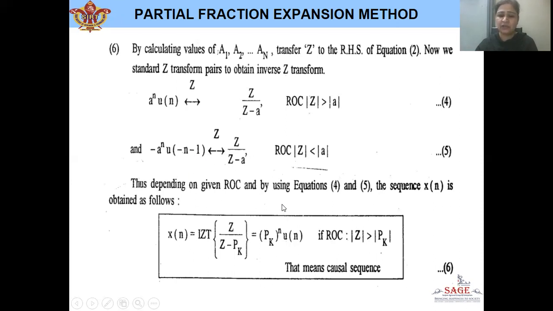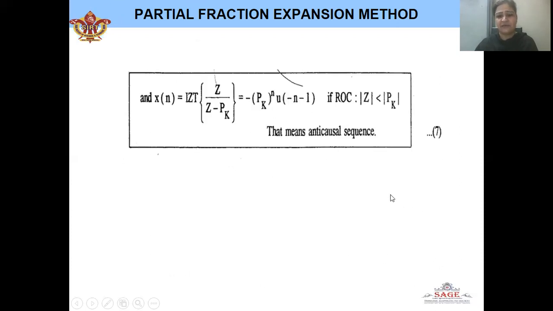So depending on the given ROC, the sequence will be written as pk to the power n u[n], where pk is the pole. If the ROC is |z| greater than |pk|, that means it is a causal sequence. Whereas if it is an anti-causal sequence where the ROC is |z| less than |pk|, then the inverse of z upon z minus pk will be written as minus pk raised to power n u[−n−1].